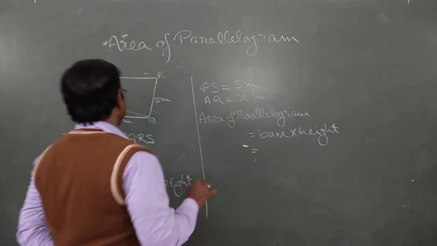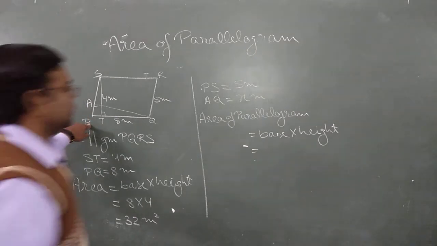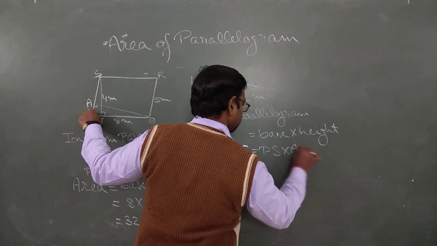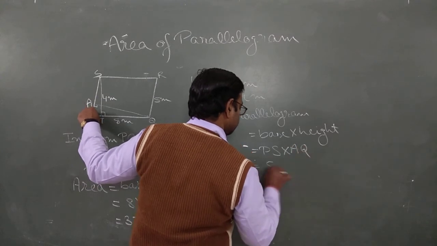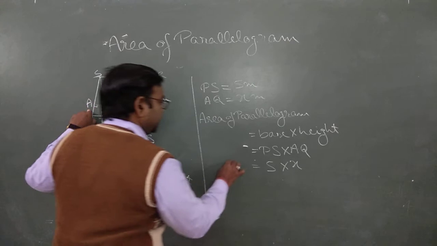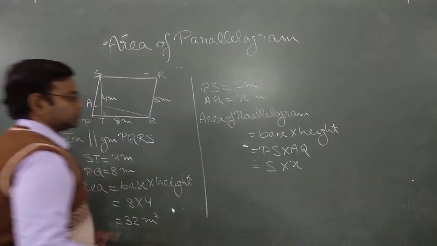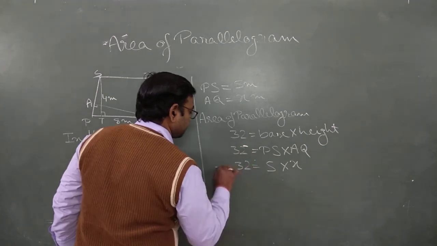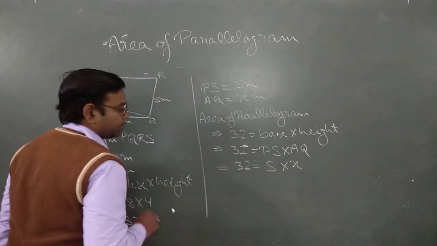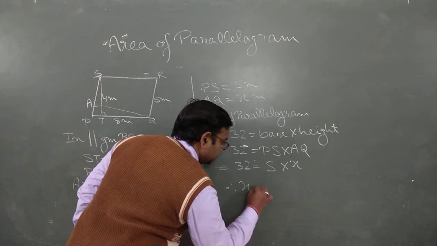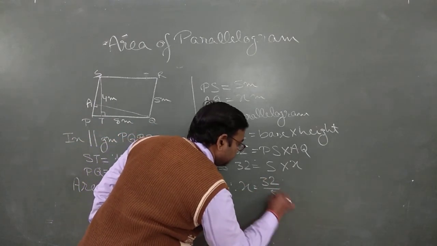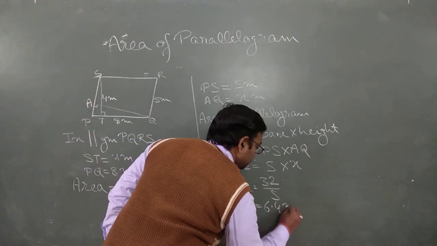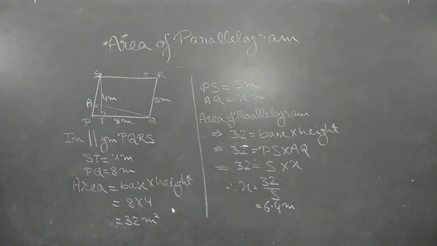What is the base? In this case, base is SP or PS into AQ, that is your height. Value of PS is 5, value of this is X, and area of parallelogram we know is 32. Therefore X equals 32 upon 5 equals 6.4 meter. This is your answer.